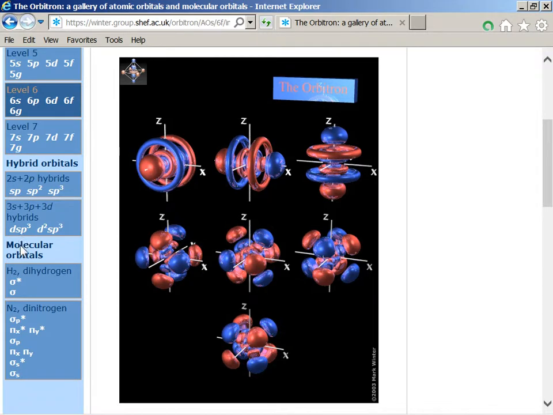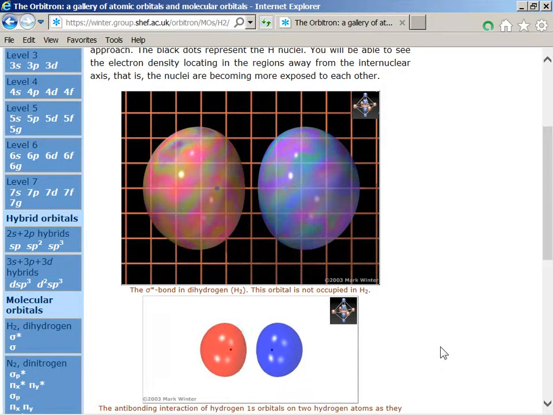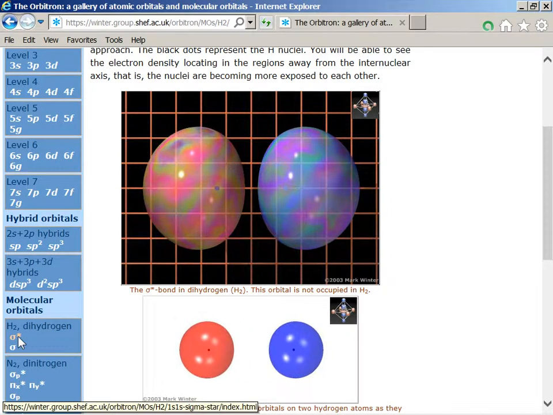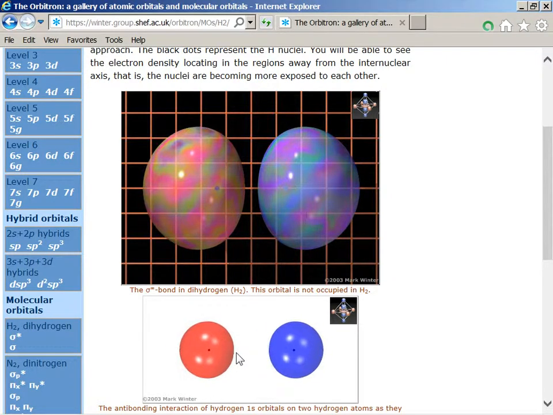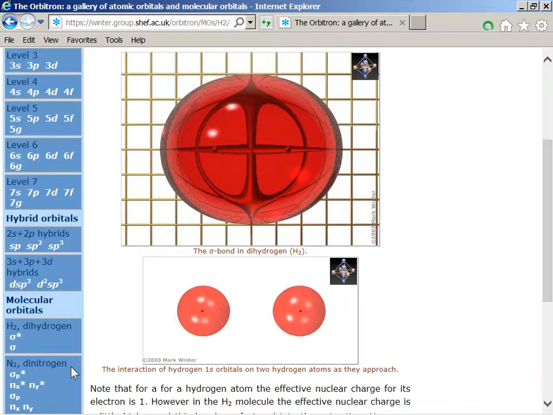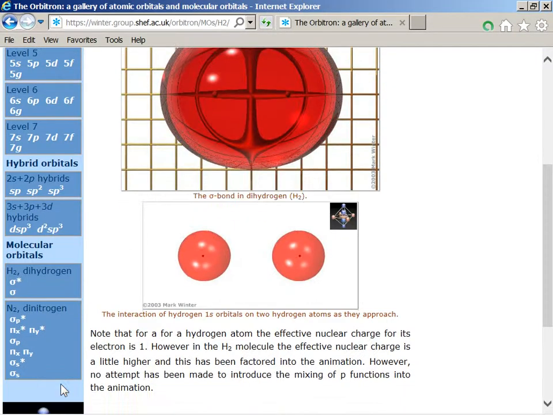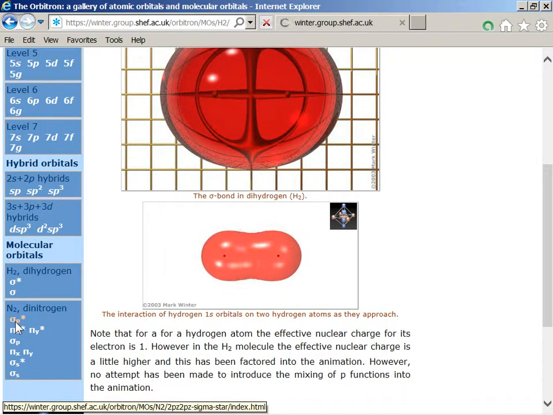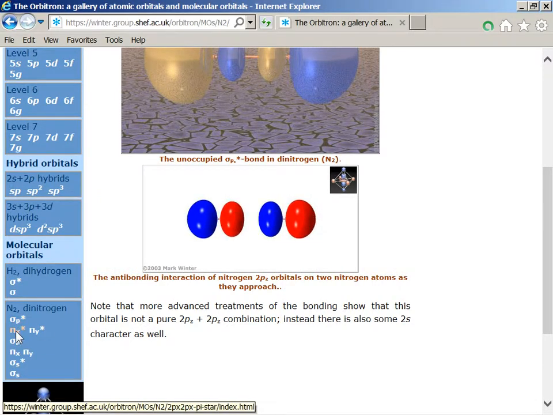Okay, so molecular orbitals. Sigma star. And here they're kind of trying to animate what it looks like to make one. It's star, so it's anti-bonding. So here's a nuclei, there's a nuclei. You're not going to get any overlap density, non-zero overlap density. But the bonding, nitrogen, it must be anti-bonding.